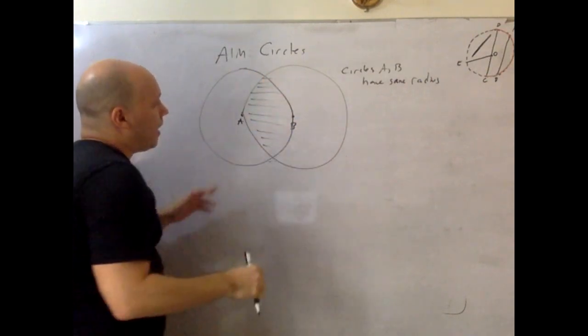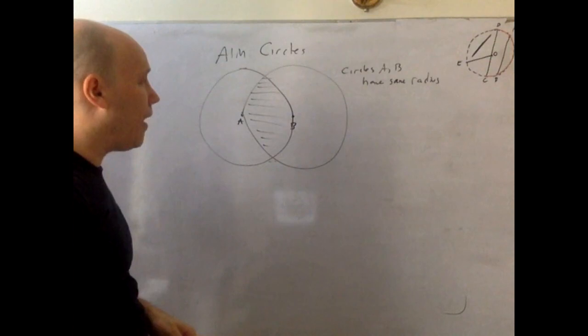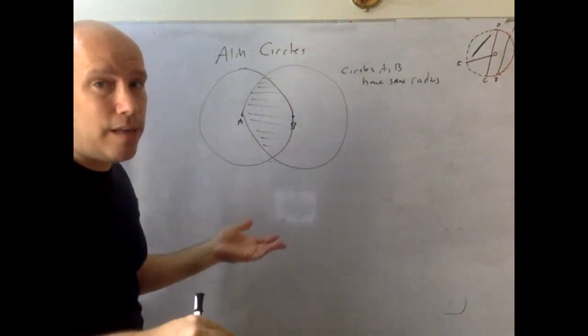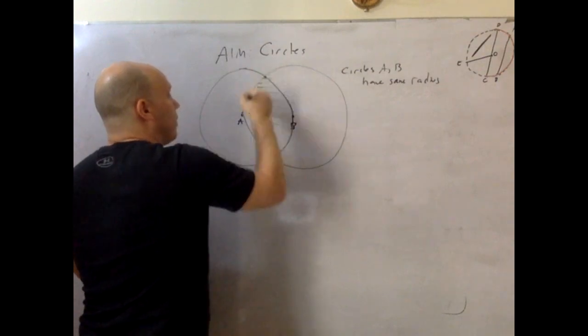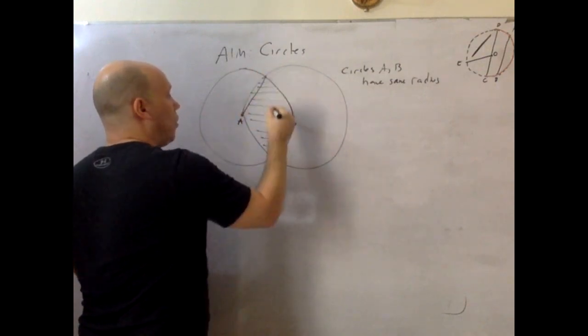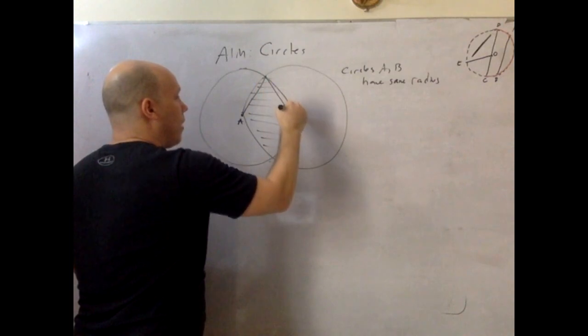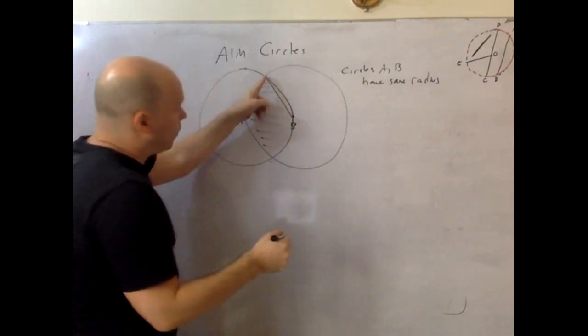And the idea is start drawing in, well, the way the book presents it is start drawing in triangles. So this is point A, it goes to the circle. This goes to point B, it goes to the same point on the circle.